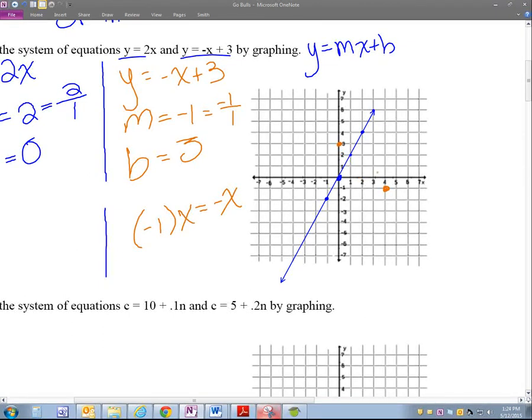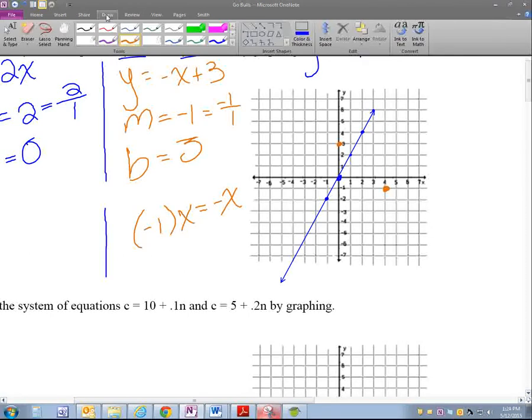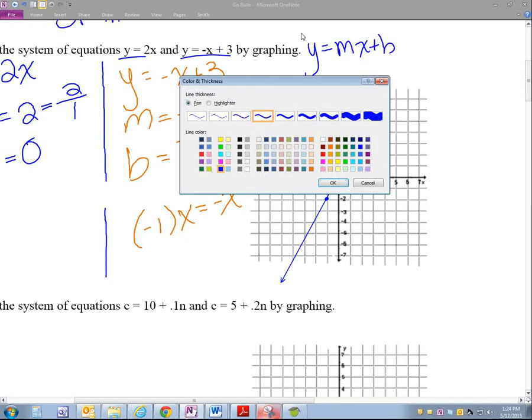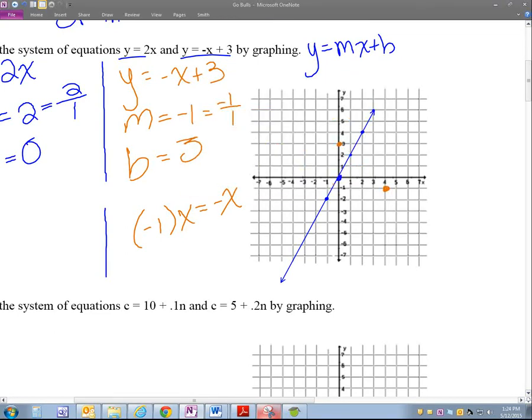And I have those there. I'm going to draw with a purple, or an orange, my line. We're going to find out what the intersection of both of them is. It's really thin, but whatever.